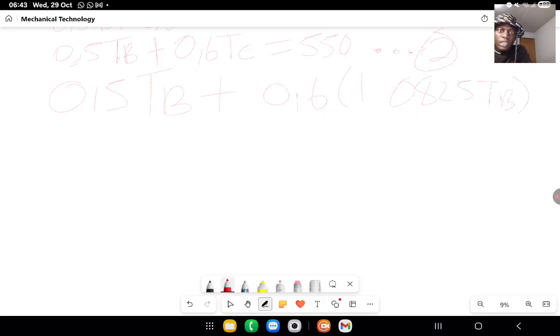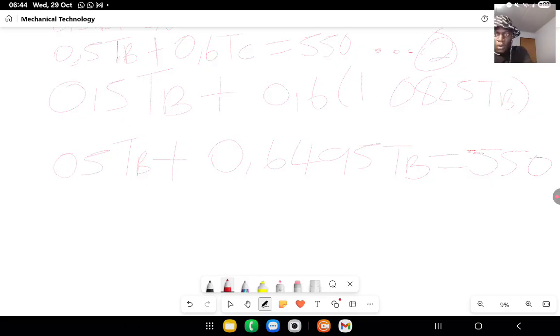Therefore, here we are going to say 0.5 TB plus, we are going to multiply these two, 0.6 by 1.0825. It's going to give us 0.6495 TB. Don't forget here there is 550. Now we have these two. We are going to add with 0.5 because they are like terms.